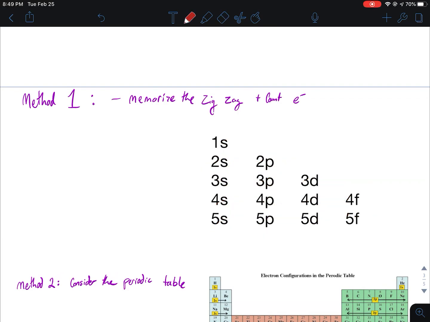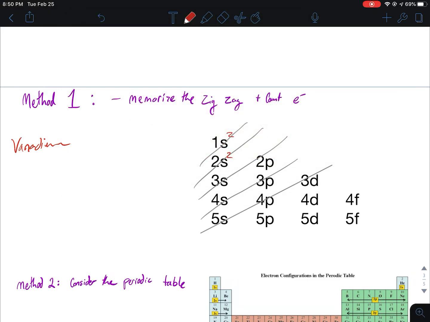So let's just do an example. If we were going to do vanadium again, let's just do vanadium again. With this method, we would go 1, 2. Let's draw this pattern here. I think that's good enough.